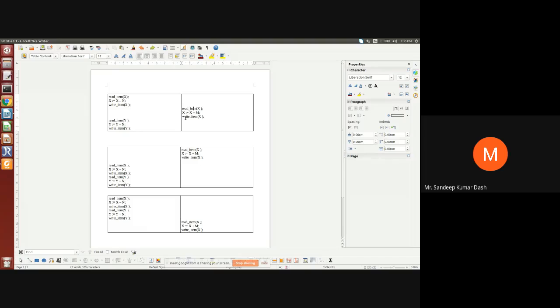So let's try to move this down so that these will move up, so that all these will be here, and all these will be here. This is also a serial schedule. Can we do that? Let's see.